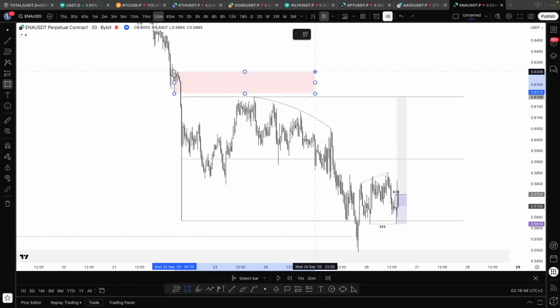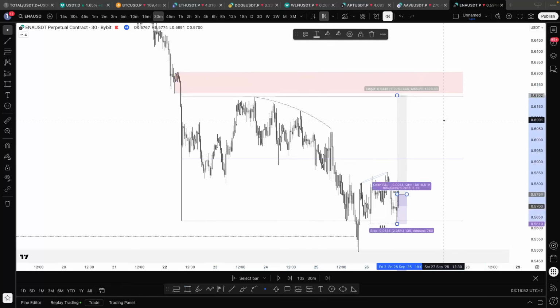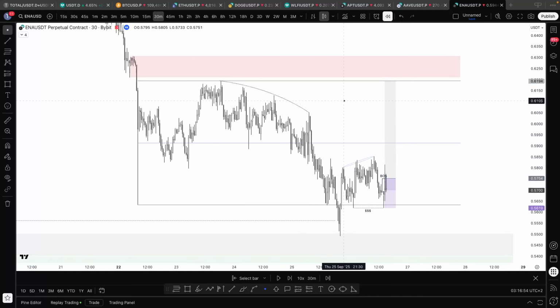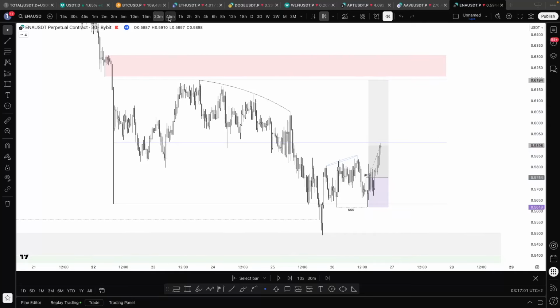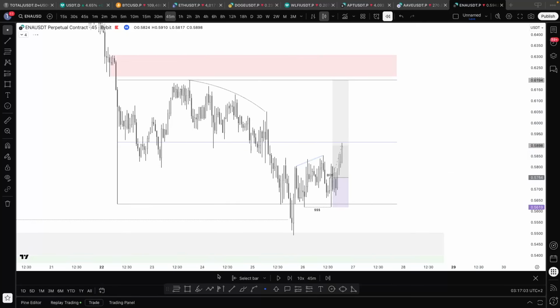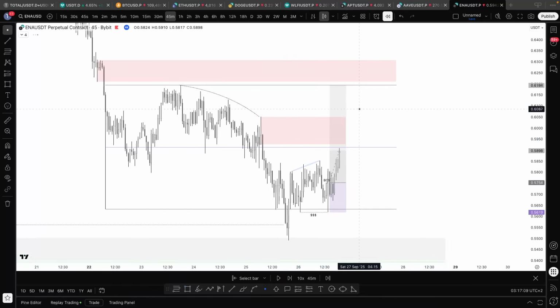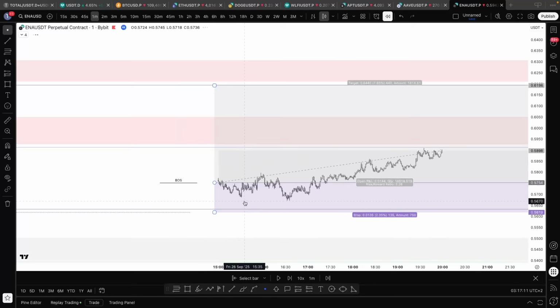Price can go to, leaving the inefficiency. So that can be your final target, and you have those highs above, of course. Now we're going to watch what our partial TPs can be, and on the 45 we have this less bullish candle going down, leaving the inefficiency, which can be a possible first take profit.